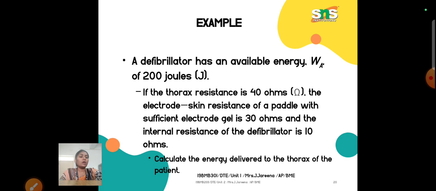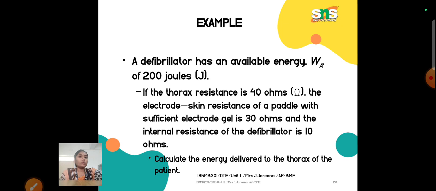You already know the formula to calculate the actual energy being delivered to the patient. You have all the data given as input in the question itself: the thoracic resistance value, the electrode resistance values, the defibrillator resistance value, and the energy in joules.